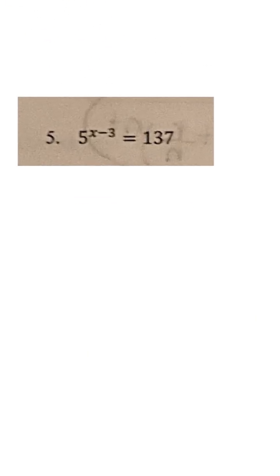Let's see. With this one, there might be a temptation to get the bases to match, and you should always ask yourself, can I get the bases to match? But the problem is there's no way of representing 137 as 5 to the something.